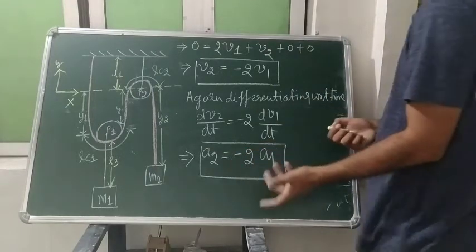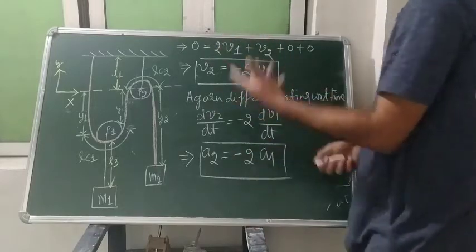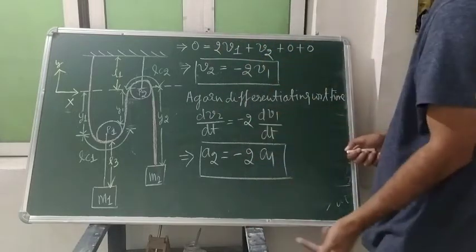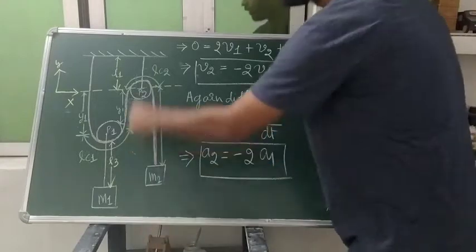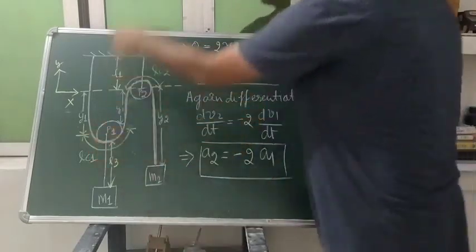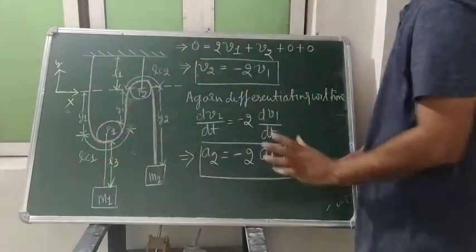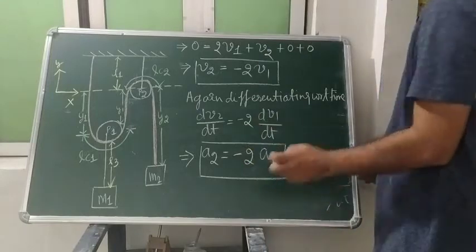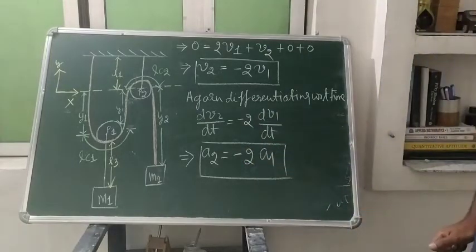The negative sign is saying that the acceleration or velocities will be in the negative direction. Of course, when you see that it will move downward, this pulley is going to move upward. You can imagine that. So these things we will get here.